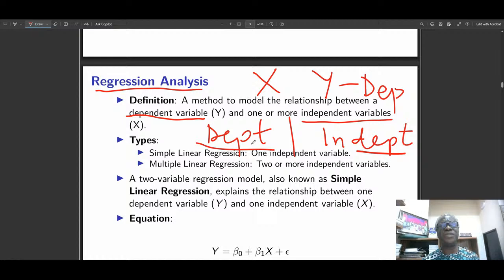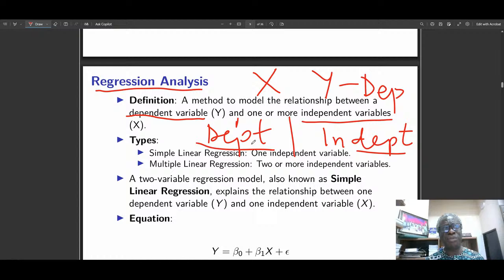In most situations, you will always have one dependent variable, only one, but you may have one or more independent variables.